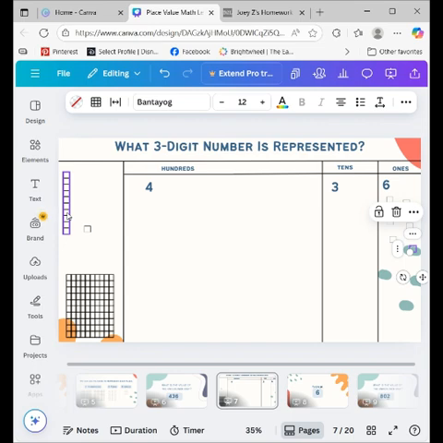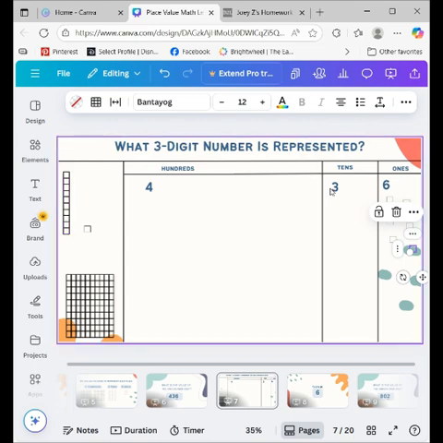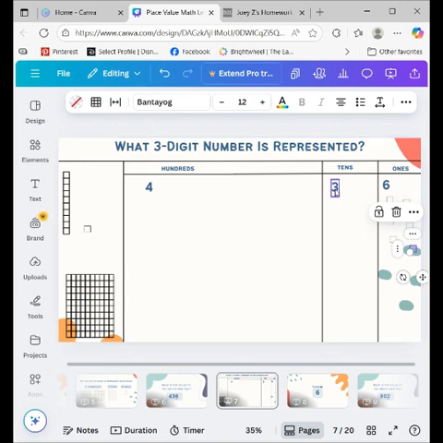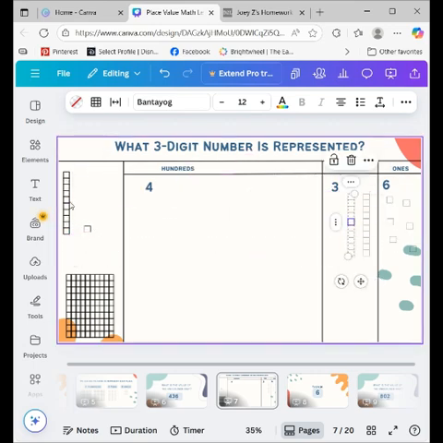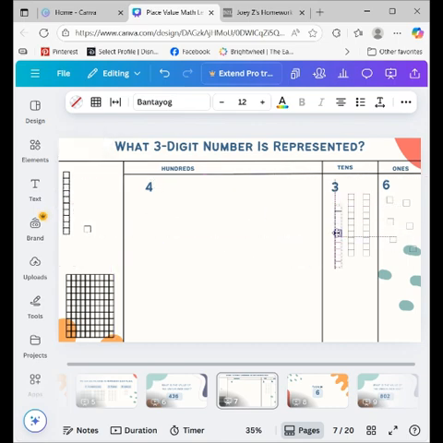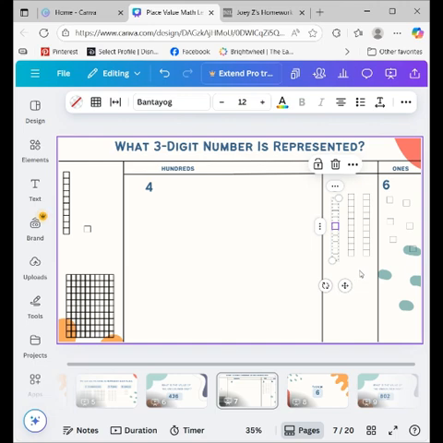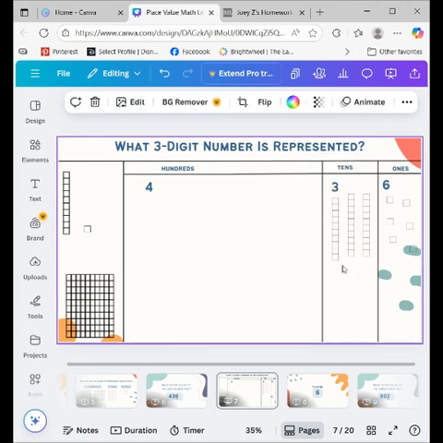So we need to drag over, if we don't remember, we can always look back, 3. So this is 1, 2, 3. And to make sure we are right, we can count by tens.